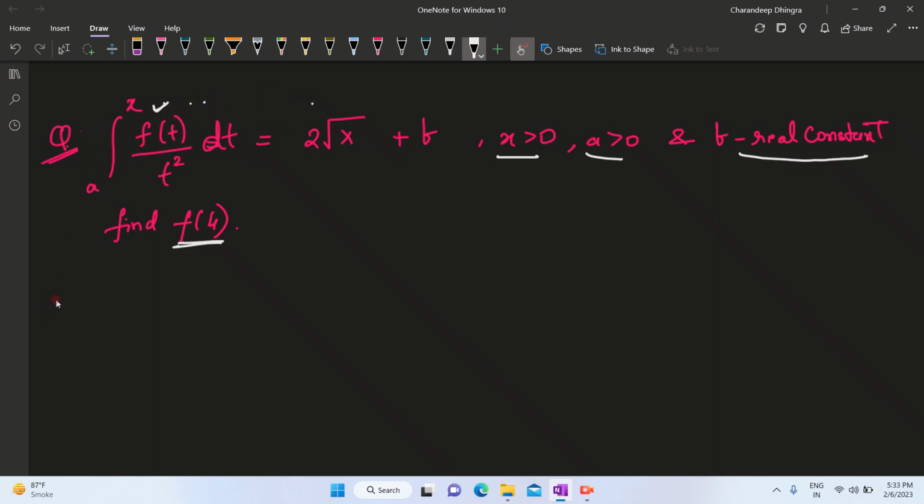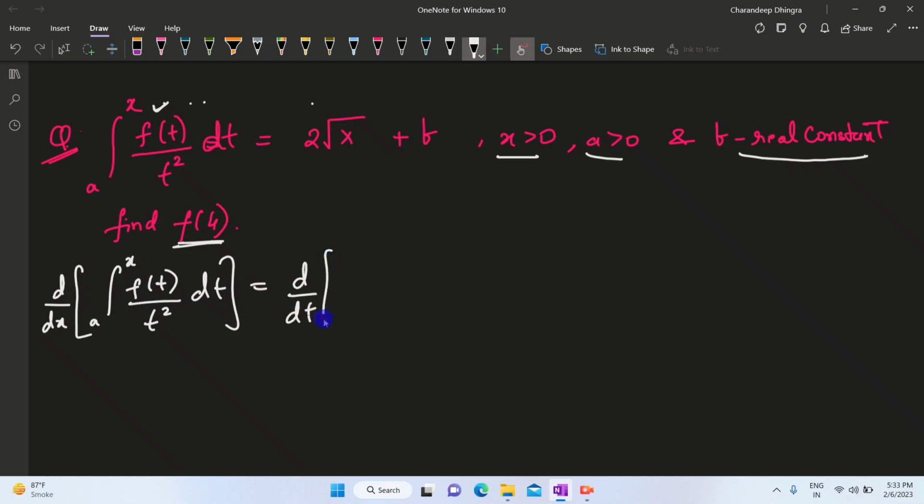Now if I take the derivative on both sides, I'll get d by dx of this particular integration, that is f of t upon t square dt, and here I'll take the derivative of 2 root x plus b. Now let's apply Leibniz rule.